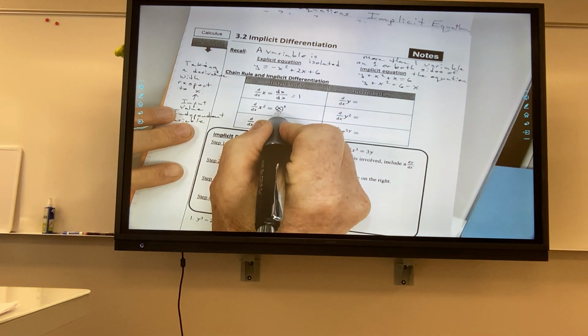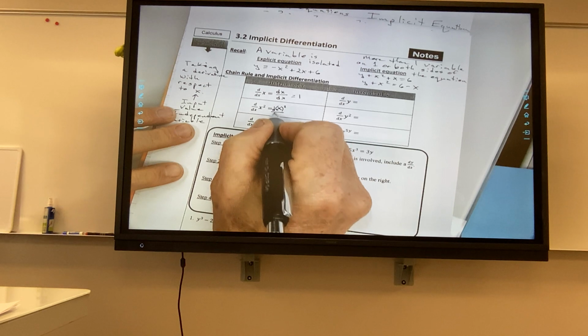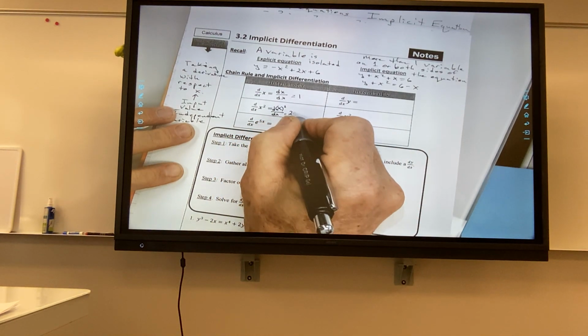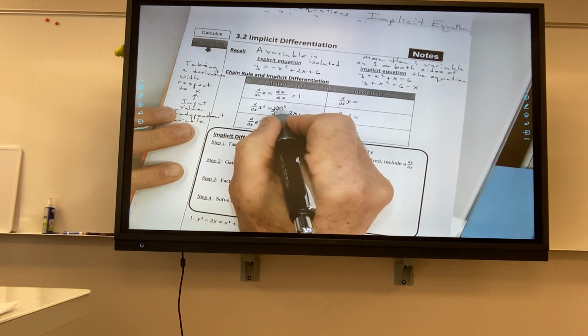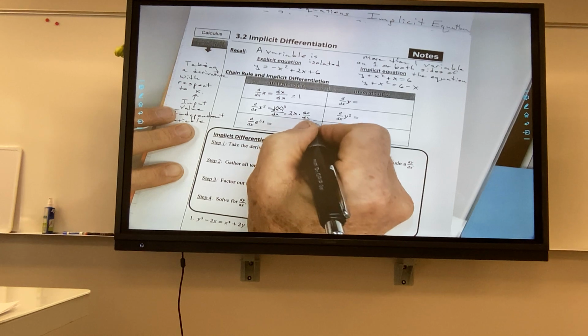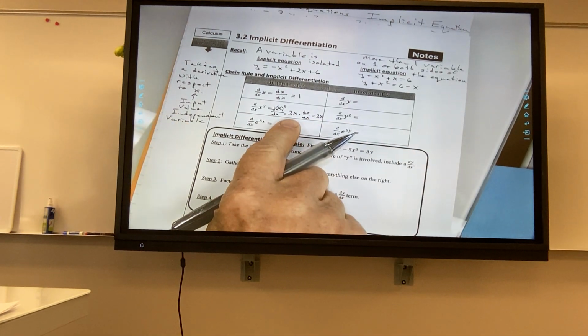I've got a linear equation inside a quadratic. And when I take its derivative with respect to x, I can say I got 2x times the derivative of x, which is dx over dx, but that's just going to give me 2x, correct? Because dx over dx is equal to 1.